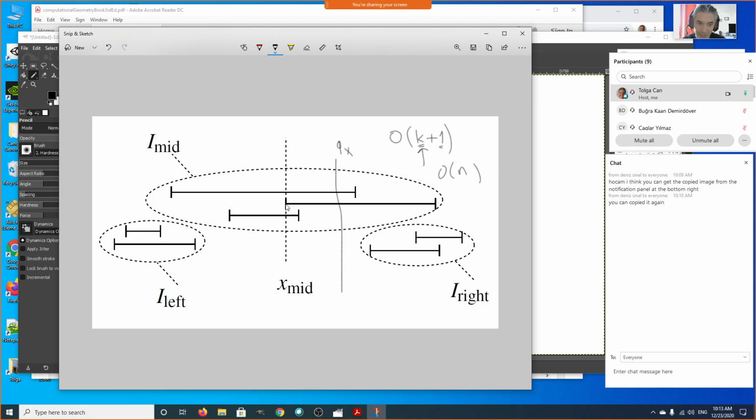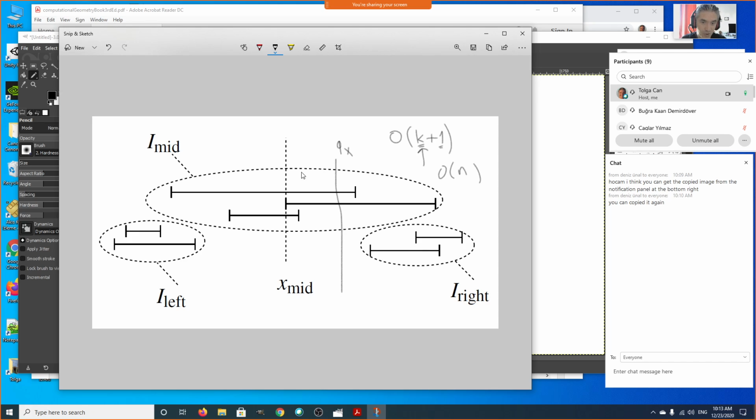The rightmost location that their left endpoint can be is XMID. If their left endpoint is greater than XMID, they would be in IRIGHT, so they cannot be in IMID.